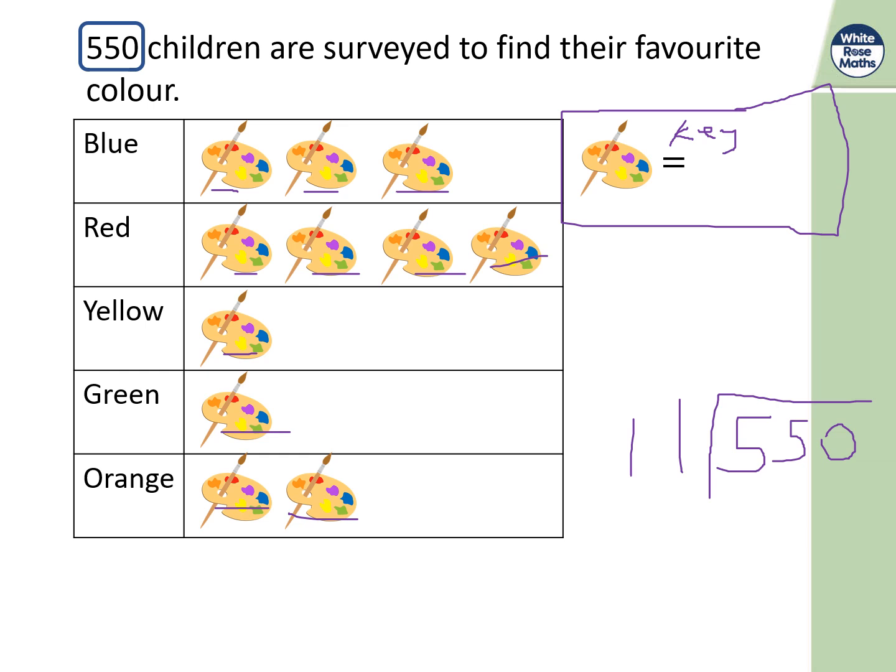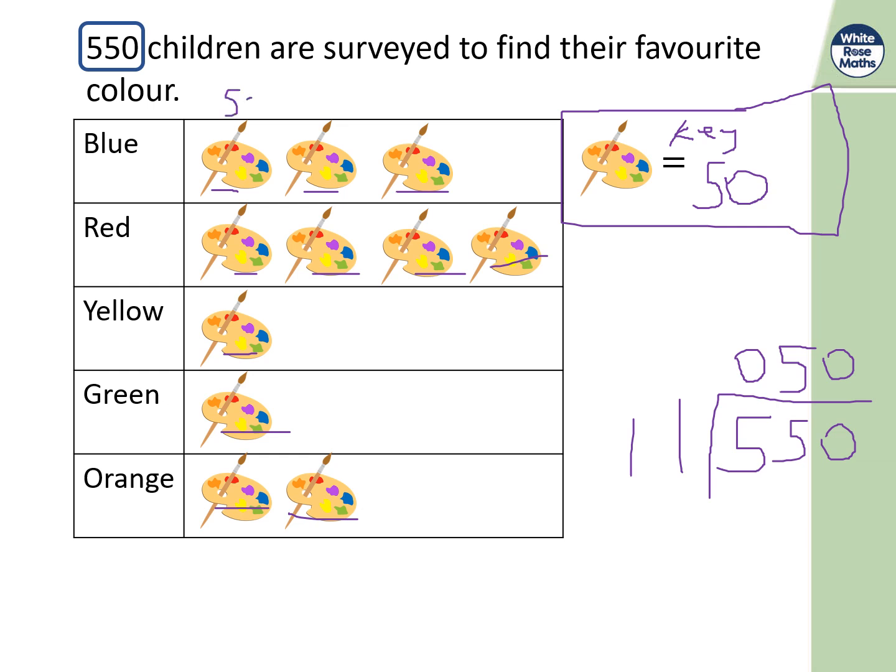11 into 5 I can't do. 11 into 55 goes 5 times with 0 remaining. 11 into 0 goes 0. So the key represents 50. Each of these little pictorial paintings represents 50 children.